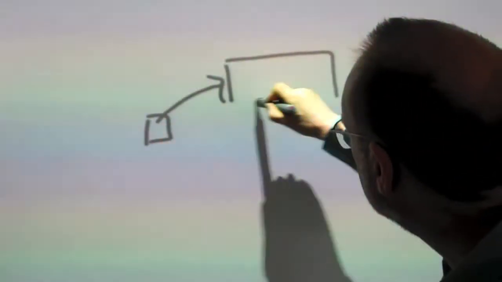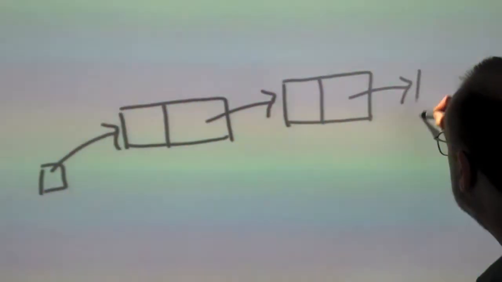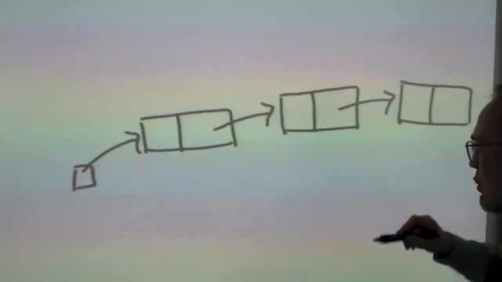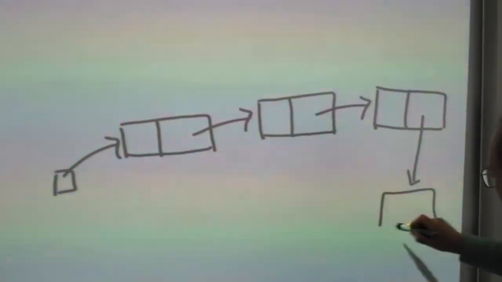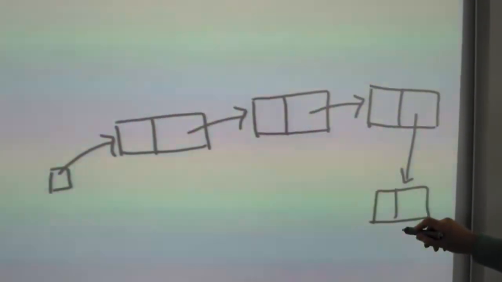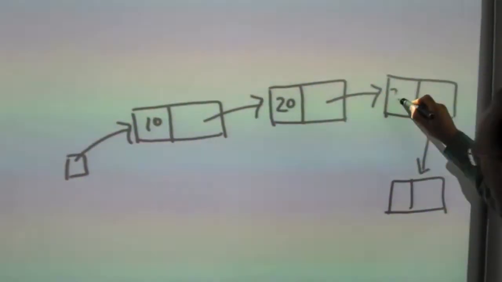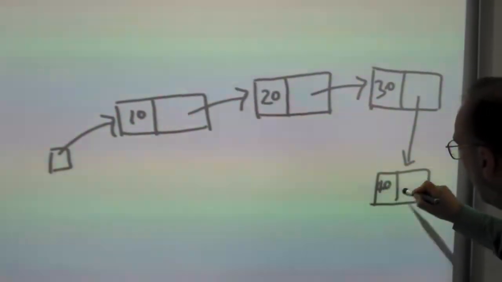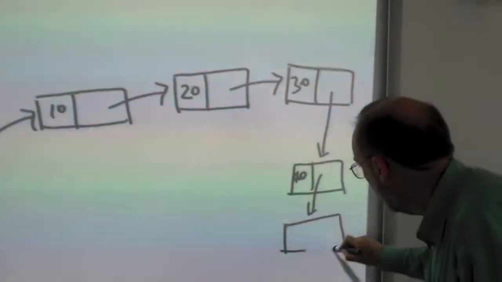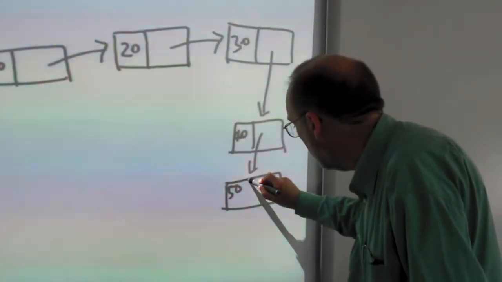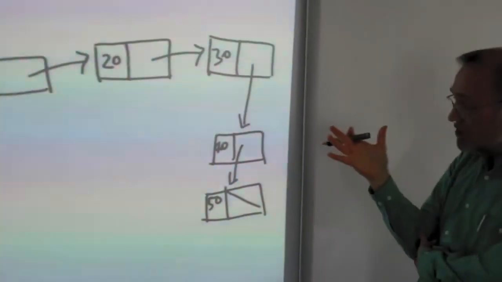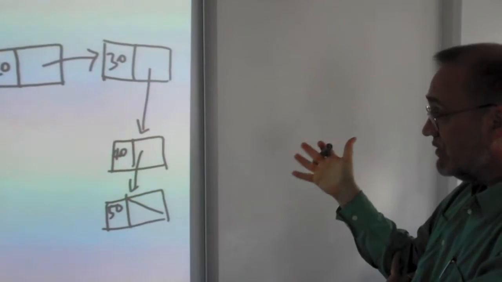Okay, so here we've got the representation of linked list 10, 20, 30, 40, 50.